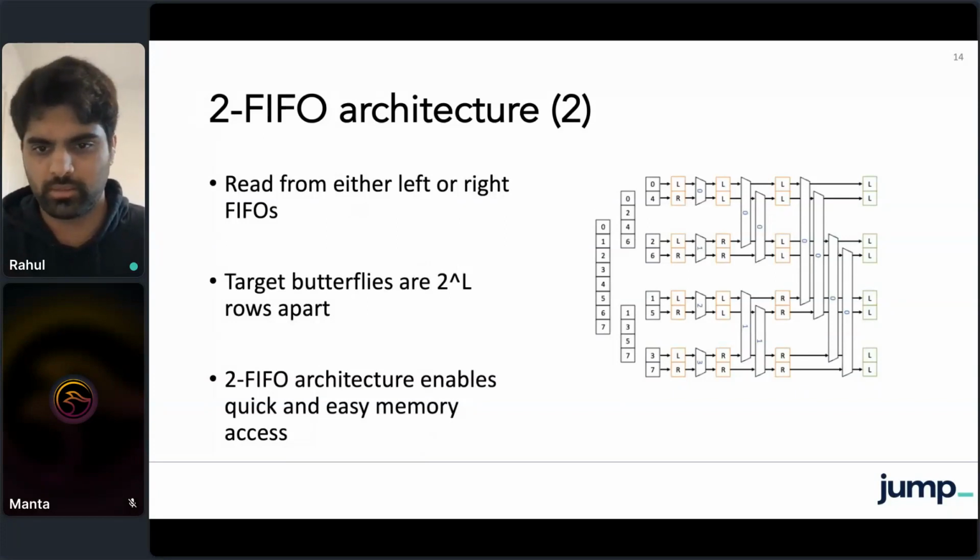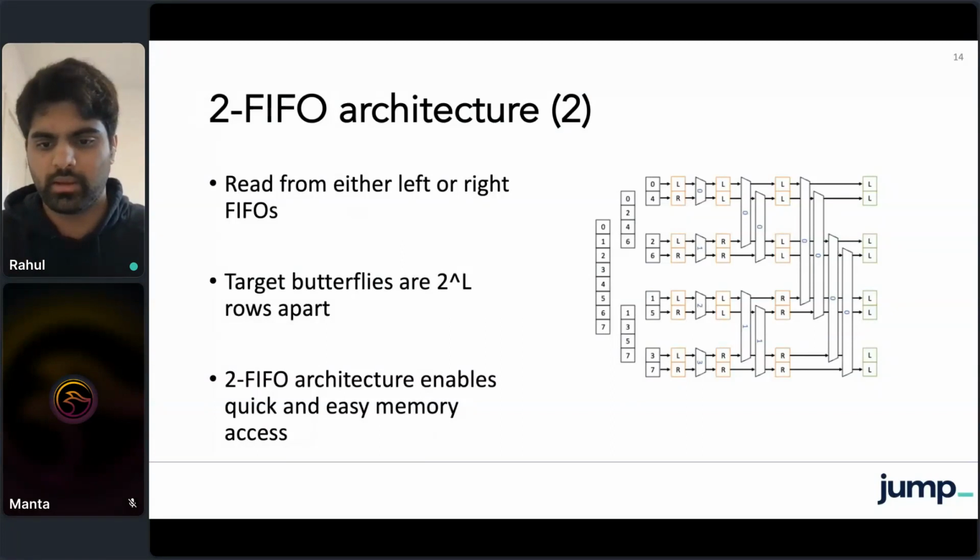Those indices are the pairs you're feeding into the butterfly network. Instead of computing the butterfly and pushing it into a single FIFO, you're effectively ping-ponging between these FIFOs. Once you compute, you put index 0 into the left FIFO, you put 4 into the right FIFO, you compute the butterfly, and then you put both of them into the left FIFO.